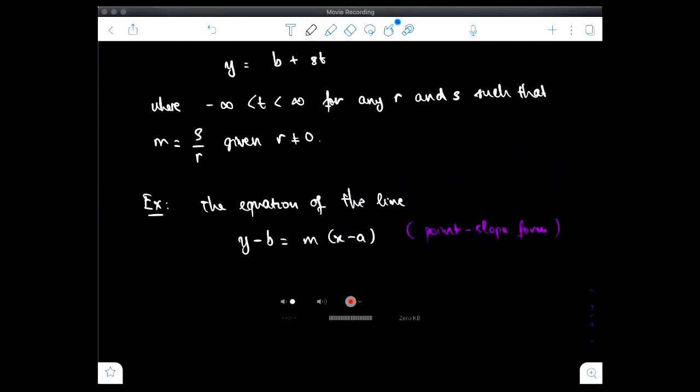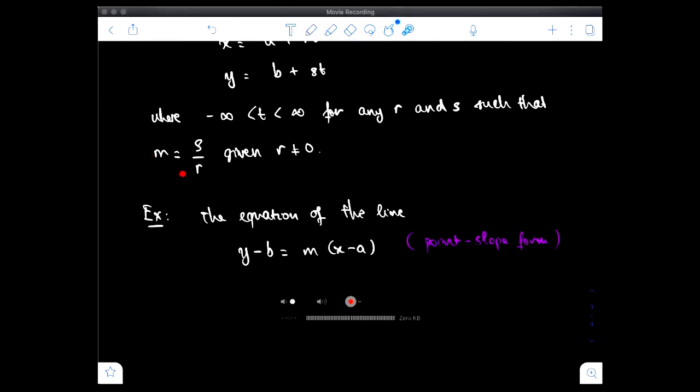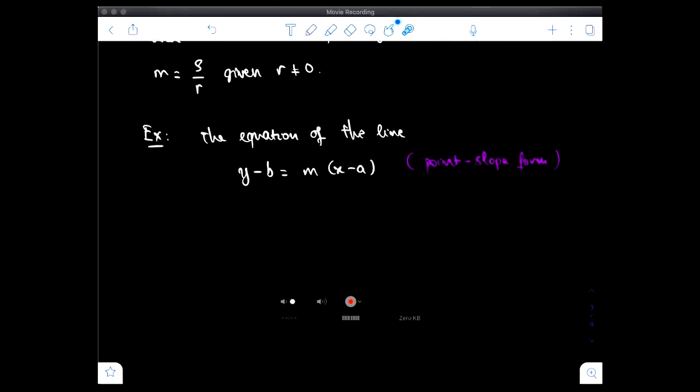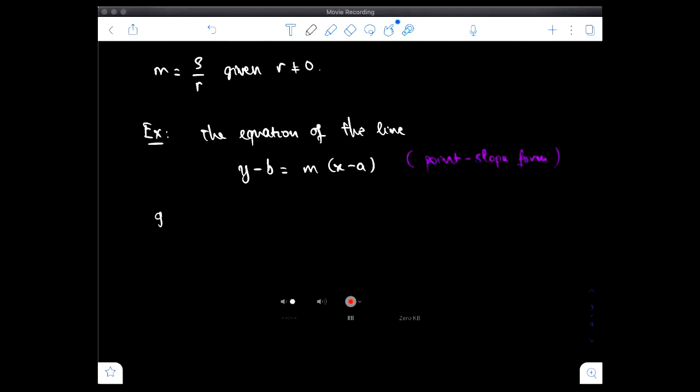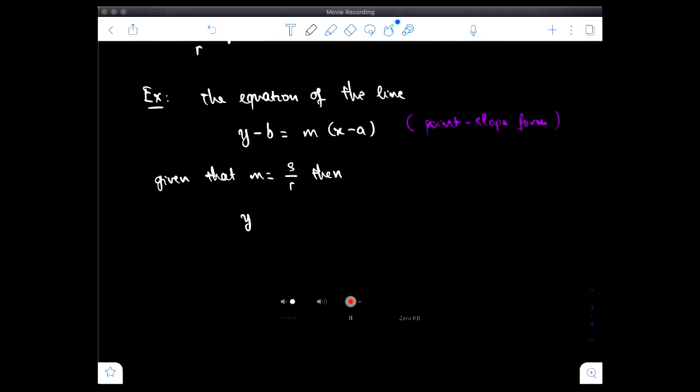And in the theorem, it's given that the slope is equal to s over r. So you replace m with s over r, then you have y minus b equals s over r times x minus a.